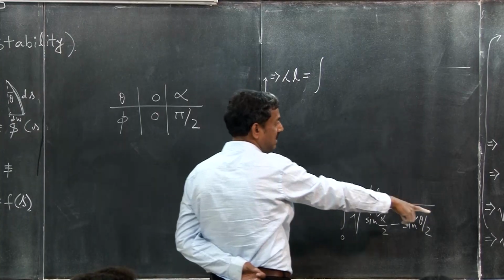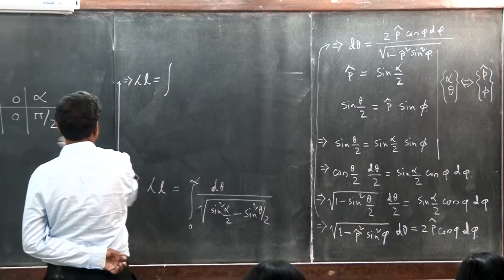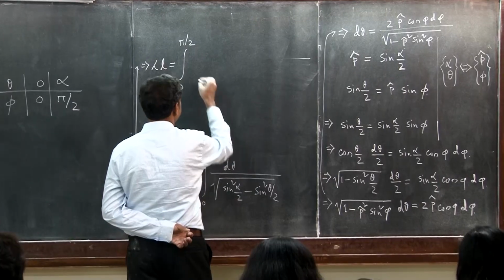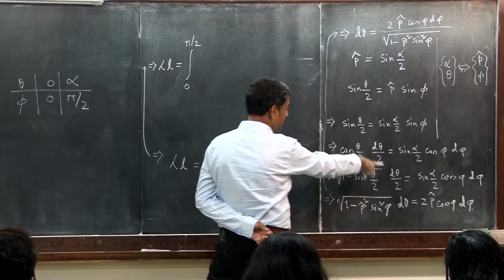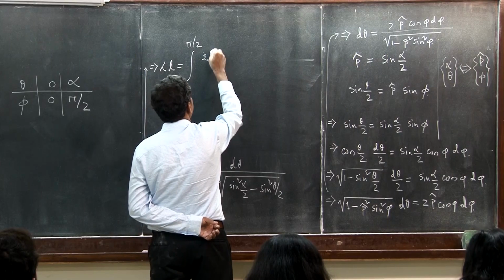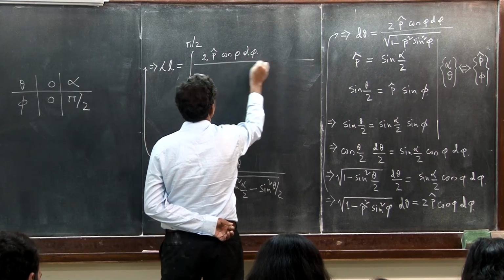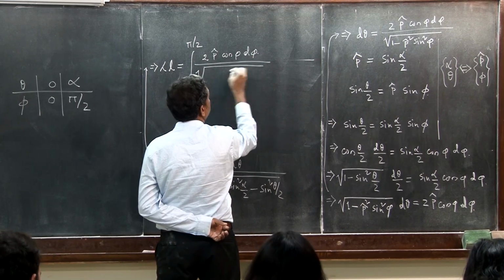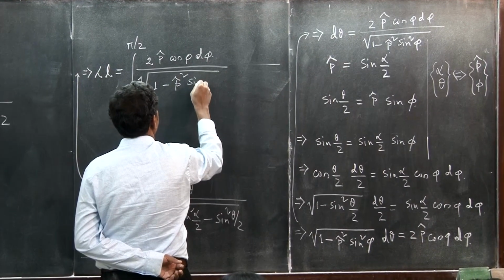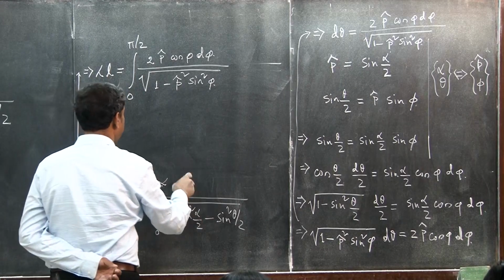So from here, the integral limits 0 to alpha become 0 to pi by 2. And d theta is 2 p cos phi d phi over root 1 minus p square sin square phi. And what about the denominator?